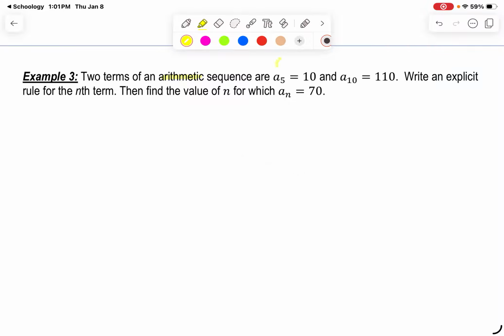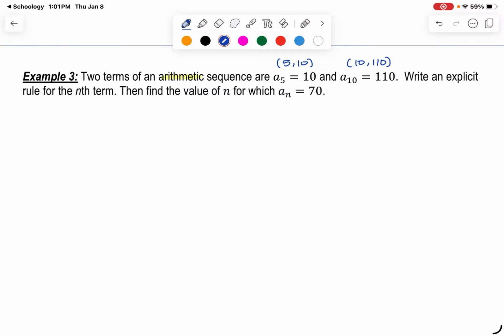When we plug 5 into our equation, we get 10. And we know that when we plug in 10, we get 110. So with 2 points, we can get the slope, and then we have a point, and then we can write a rule, right? That's how I'm going to do it. But the only reason I can do this is because I know it's arithmetic, okay? So let's go ahead and do that.